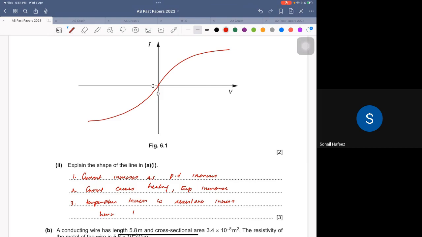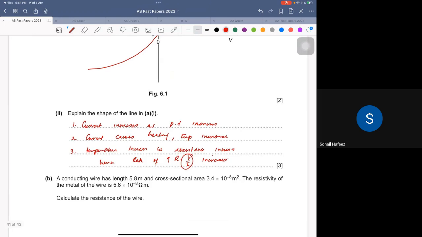Hence, the ratio, because R is equal to V over I, resistance increases, current decreases. I mean, if the resistance increases, then the ratio V over I increases. That's it. So you can remember that and just write these 3 points. This will always be the same thing.